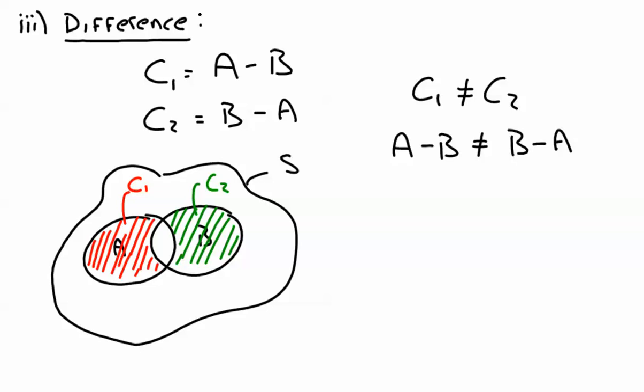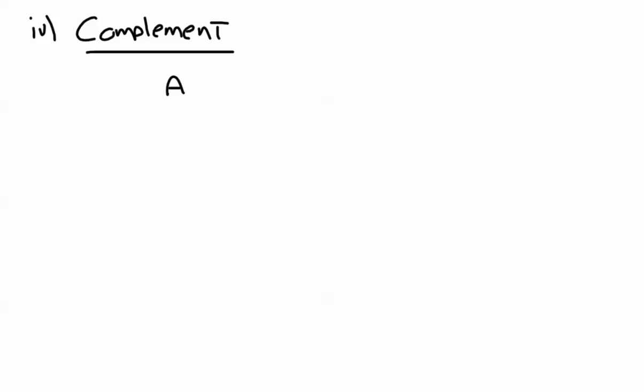All right. And then our final basic set operation is known as the complement. The complement of A is denoted by A with a bar over top of it, A with a superscripted C, sometimes A with a prime.